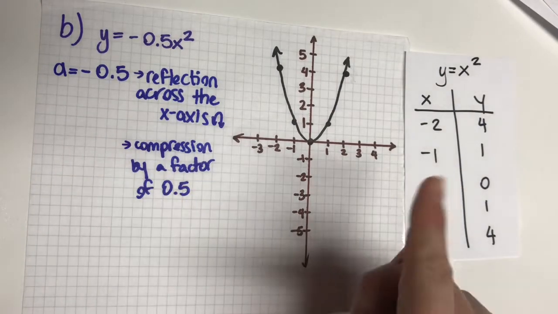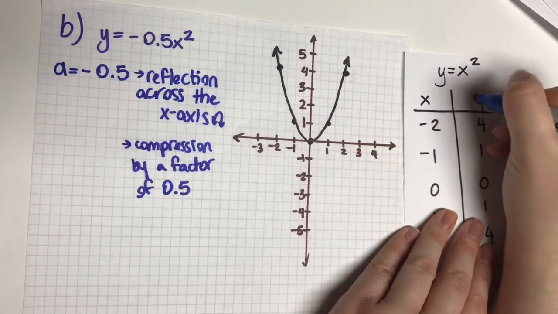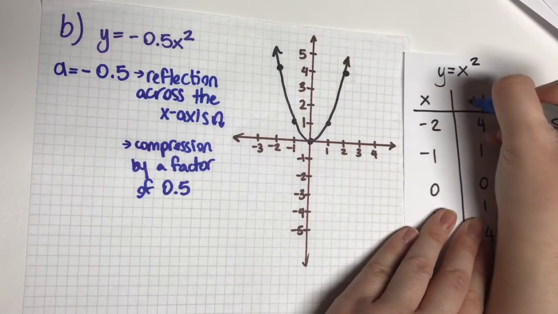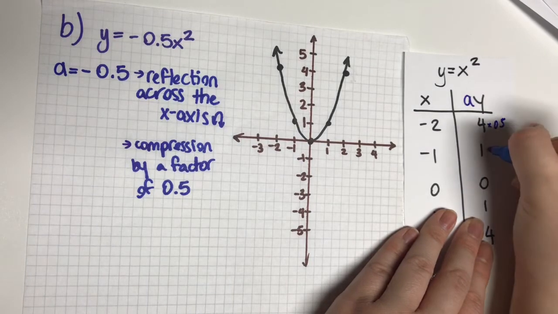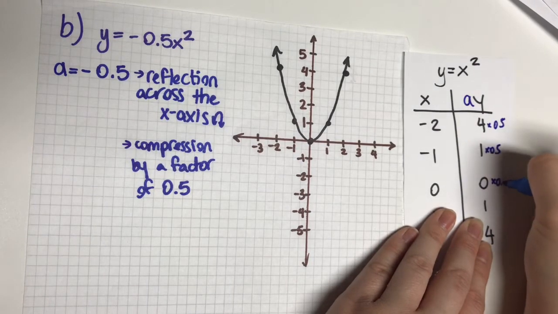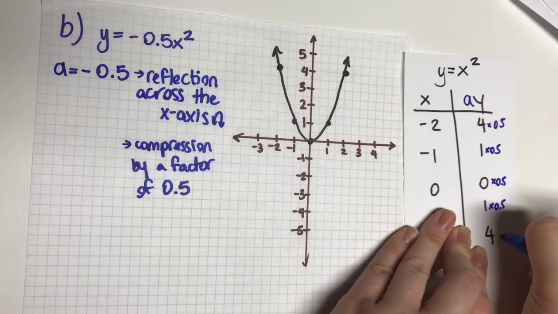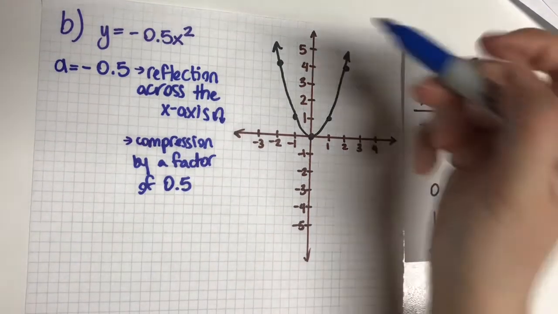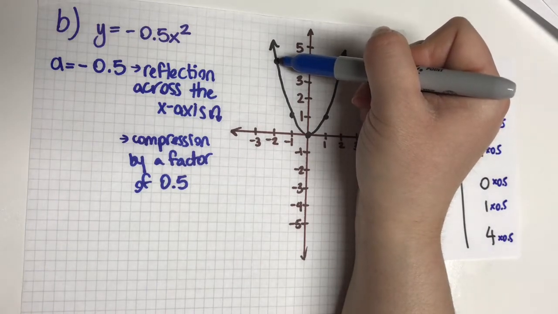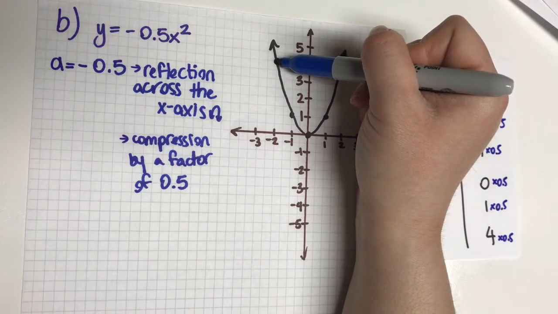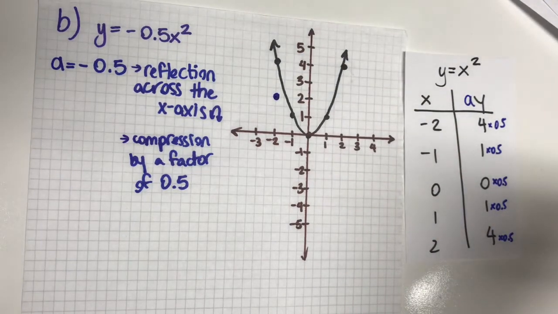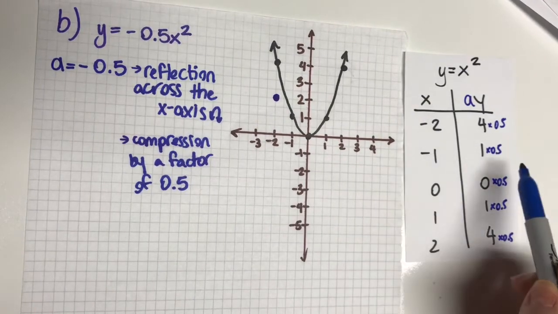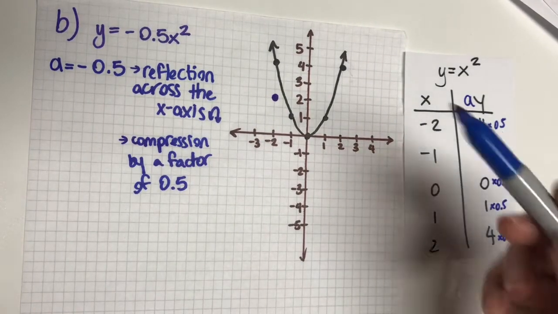That's kind of like in the previous one. I've multiplied all my y values by 0.5. So I'm going to multiply this by 0.5. Okay, so when I multiply 4 by 0.5, that gives me 2. So instead of being at 4, it's actually going to come down and be at 2. 1 times 0.5 is 0.5.